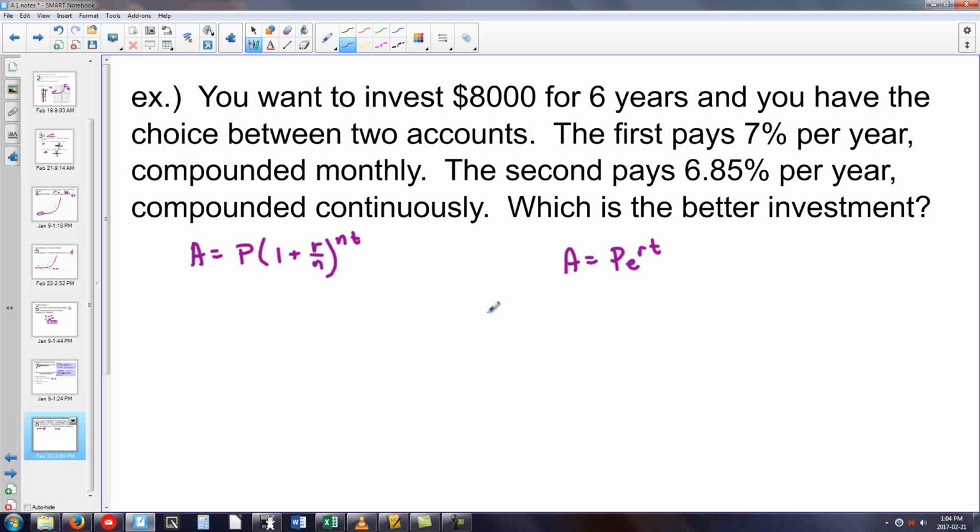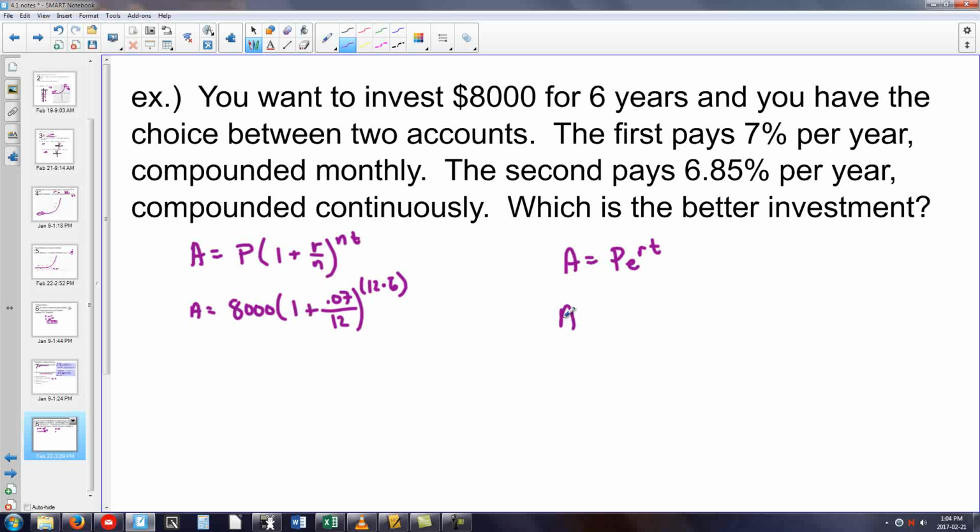Now you cannot tell which one's better unless you actually do the calculations. There's not a quick, easy way to tell. And so we're going to take our amount, that's what we're looking for, is 8,000 times (1 plus my rate in the compounded monthly account, which is 0.07 over 12 times a year, because it's monthly), raised to the 12 times t, which is 7 years, or 6 years? 6 years.